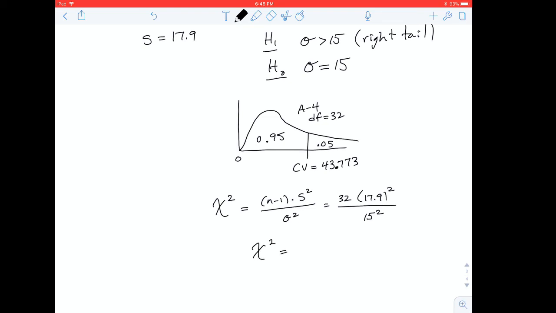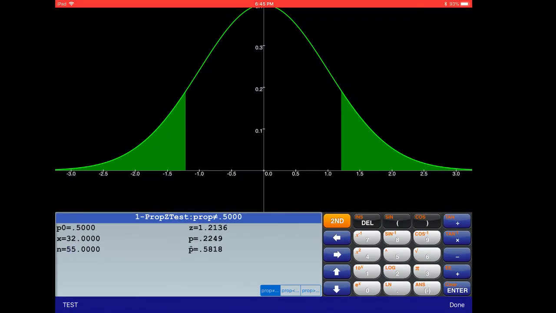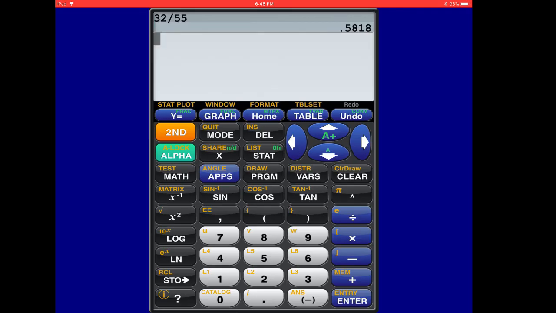So then, let me use the calculator. Just the regular home screen. So degrees of freedom was 32, and then 17.9 gets squared, divided by 15 gets squared. And that's a 45.569.